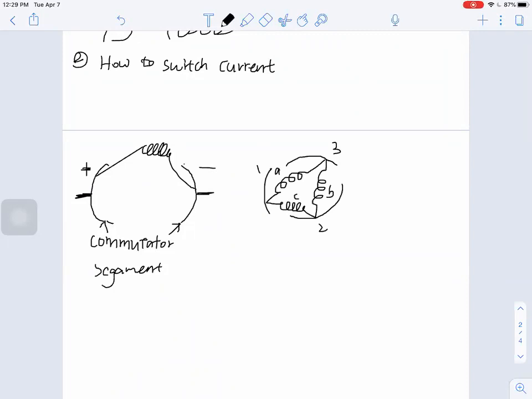Okay, and so now we have 3 commutator segments, and a brushed DC motor is going to have 2 brushes. Brushes are usually made from carbon graphite. Brush on one side, and there's going to be another brush on the other side.